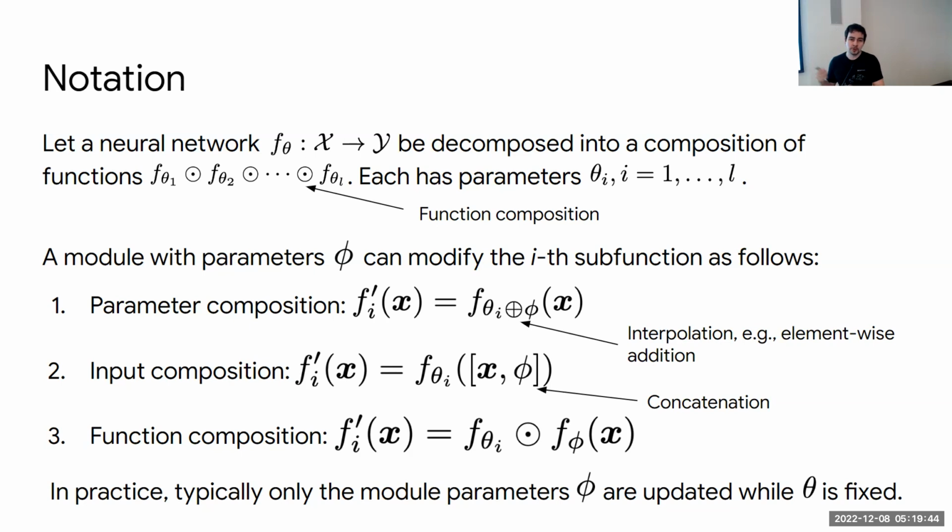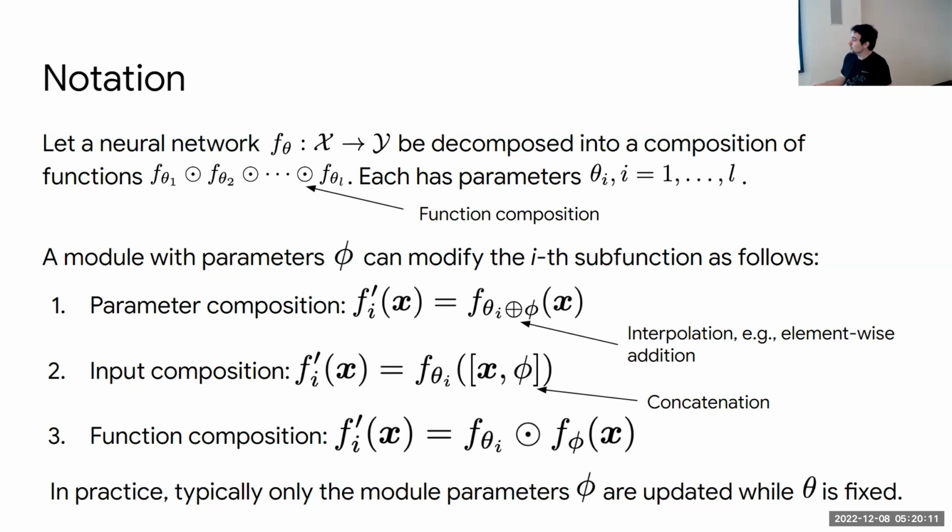The first one we're going to call parameter composition. This is the setting where we have a function f with some existing parameters theta, and we combine our existing parameters with these new modular parameters phi on the parameter level, by interpolating them on the level of individual weights, by either adding them element-wise or multiplying them.